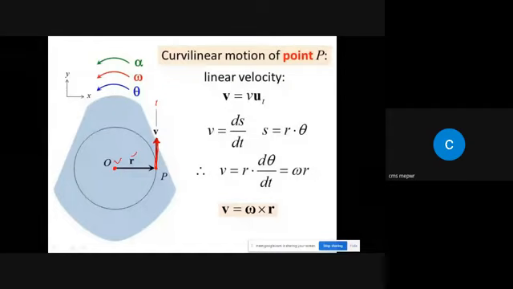So as we have studied in our previous classes, in case of the velocity of a particle during curvilinear motion, the velocity can be given as the magnitude of velocity into the tangential component, right?